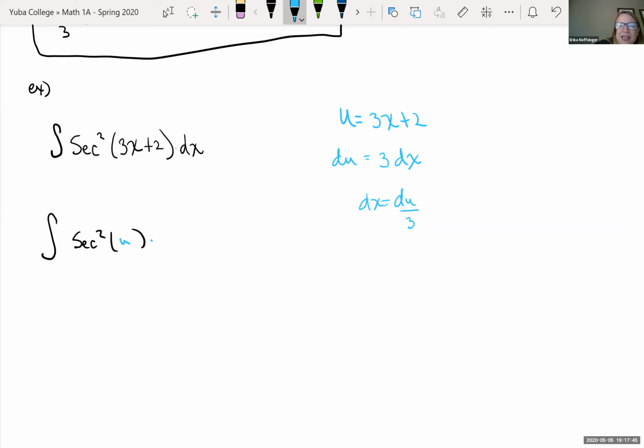So remember, you can pull our coefficient out front. This is the same thing as 1/3 secant squared of u du.